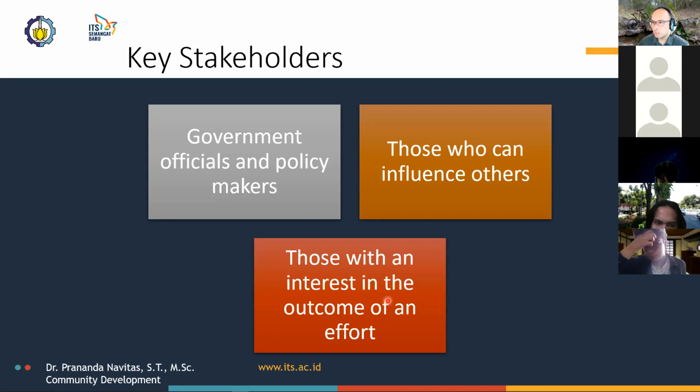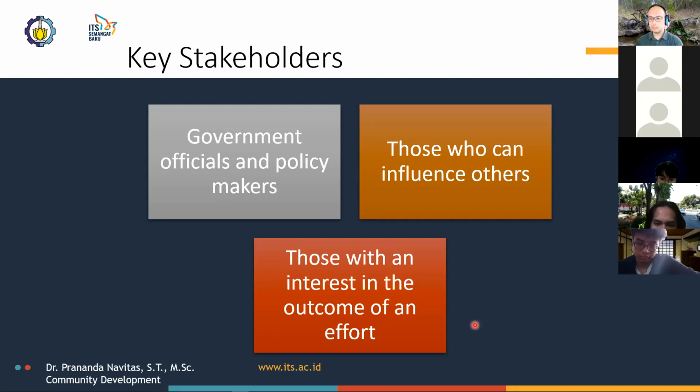Another example of this group would be people like me, for example, people with academic or research interests related to a targeted issue or a targeted population.